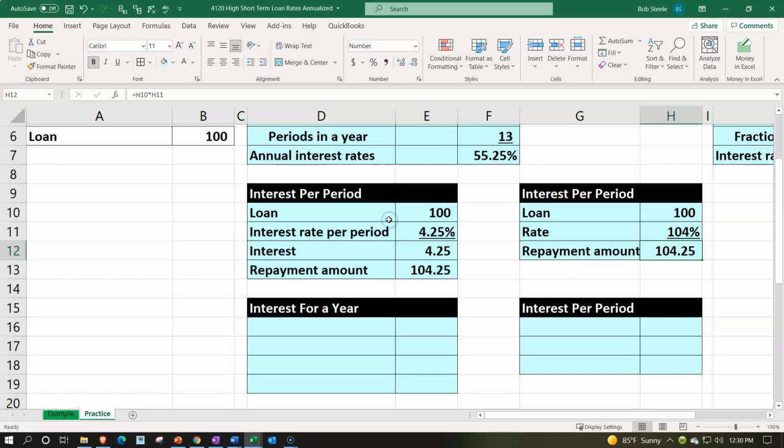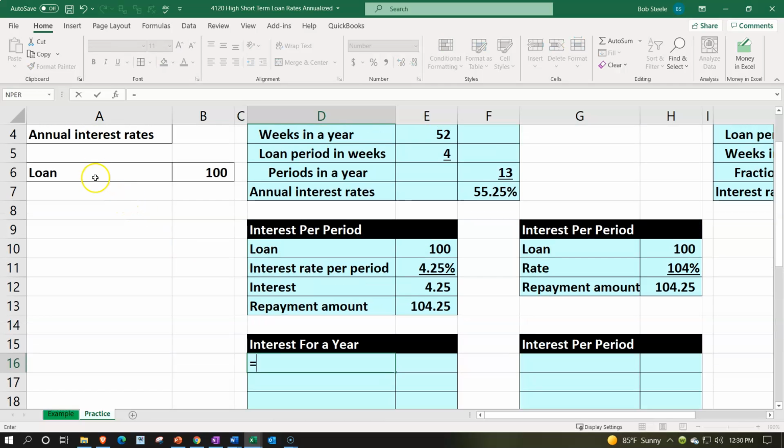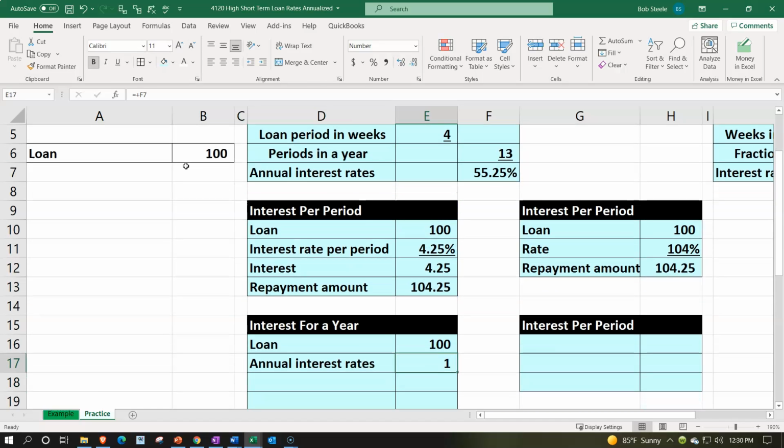104.25. So then if we go to the interest for a year calculation, if we were to think about it as the annualized interest rate, if we have the amount of the loan at the $100, and the annual interest rate, if the loan was for an entire year, we said the annual interest rate was that 55. We're going to go to the number, percentify that, add a couple decimals, underline it, font group, and underline it.